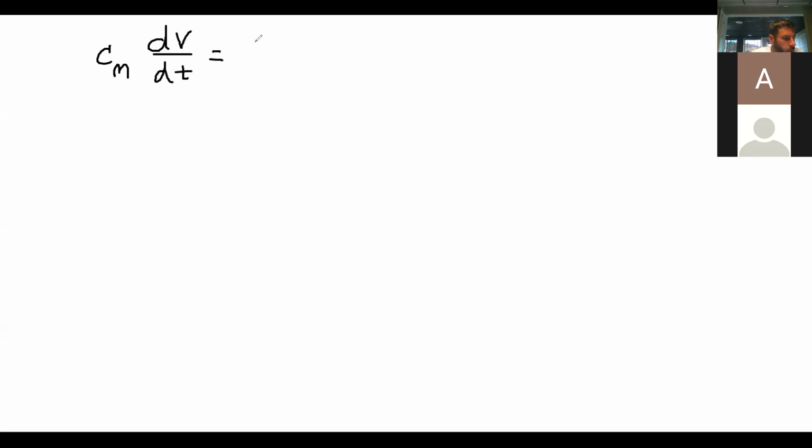And it's equal to some number, which we're going to denote G bar NA. This subscript NA has something to do with sodium, if you had chemistry before and find it on your periodic table.